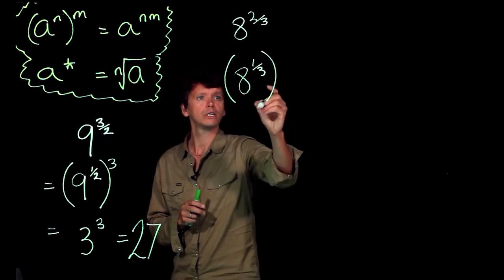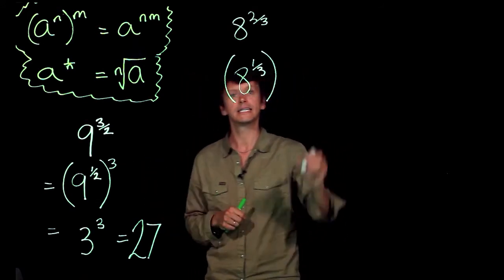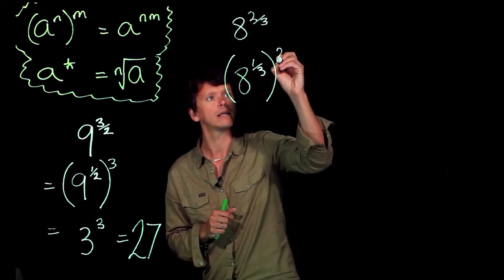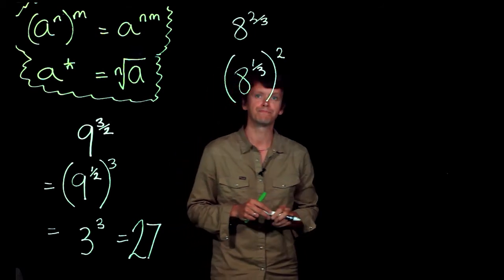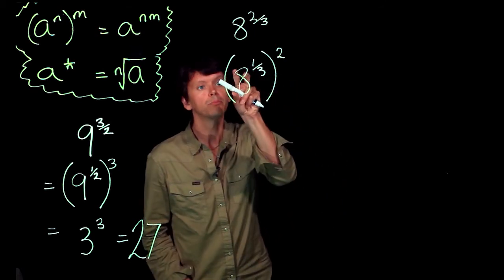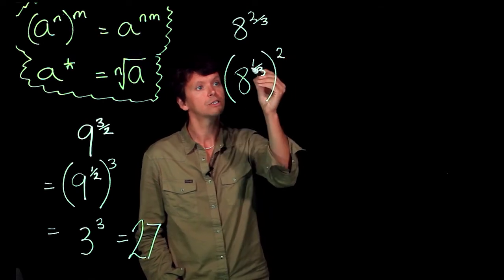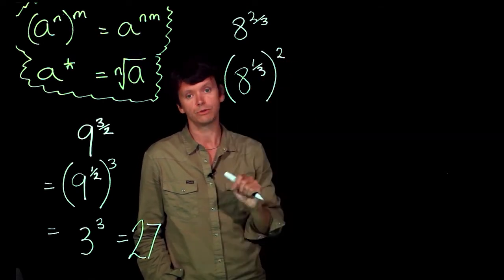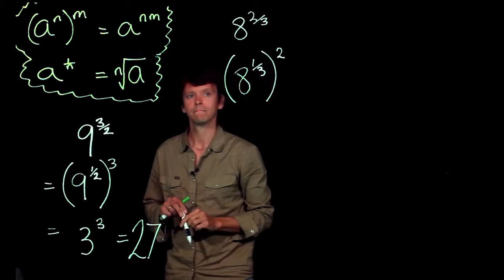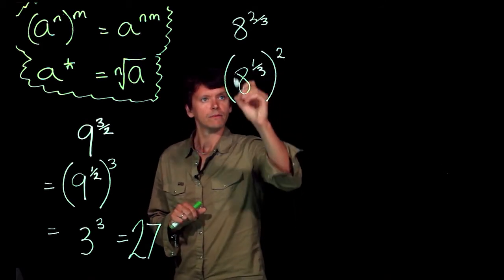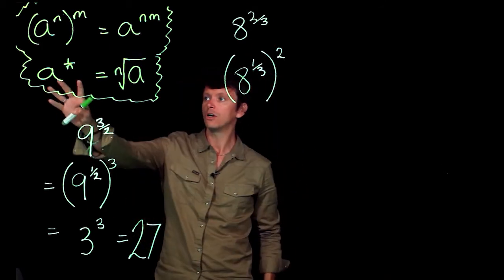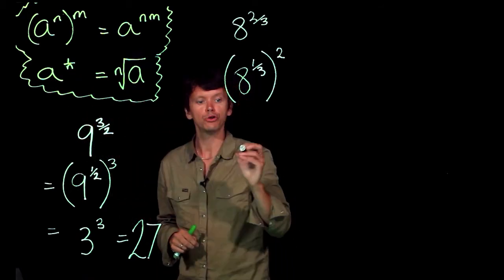But if I put it to the 1/3, just like I did here, I'm going to have to raise all of that to the power of 2. Why? Because 8 to the power of 1/3, times 2, is 8 to the power of 2/3.